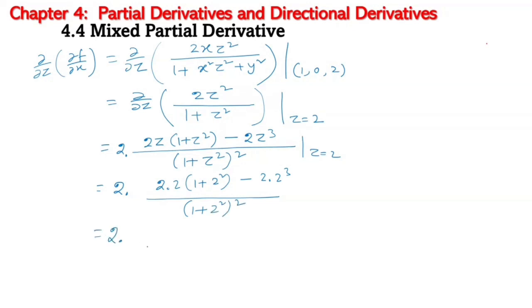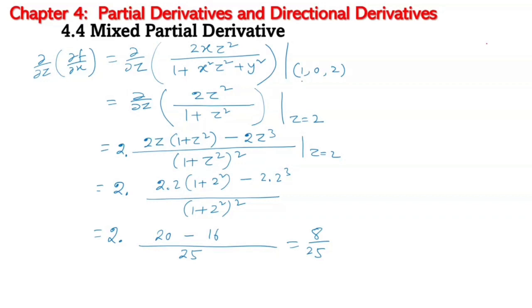So this is equal to 4 times 5, 20, minus 2 times 8, 16, and the denominator is 4 plus 1, 5, 25. So this is equal to 20 minus 16, 4, 8, 8 over 25.